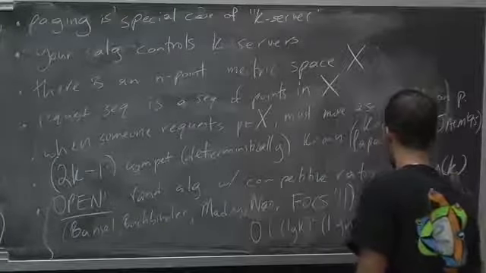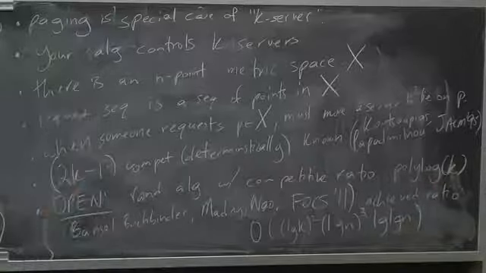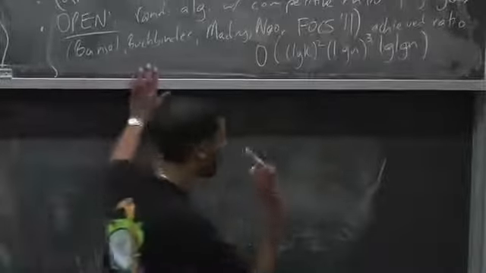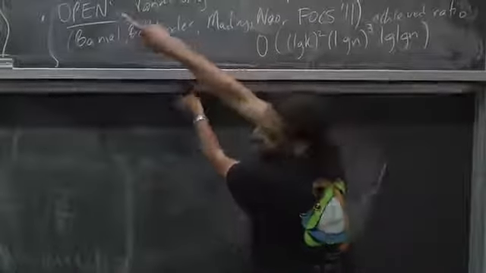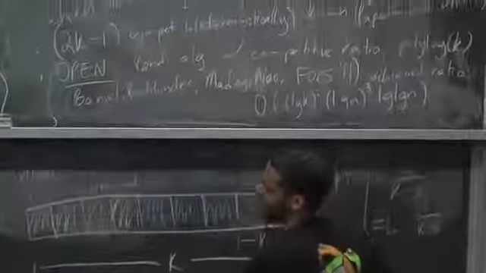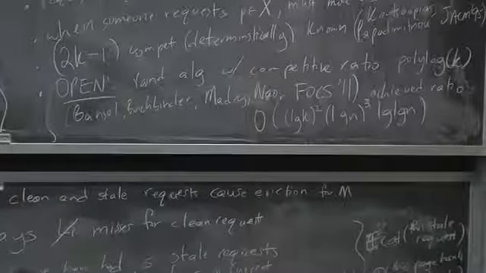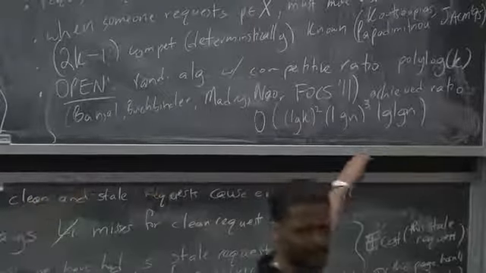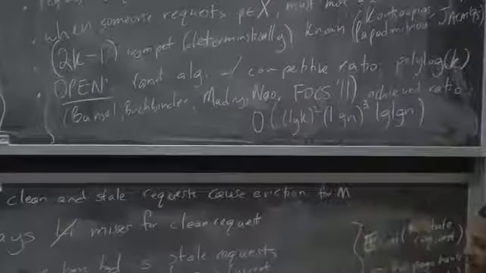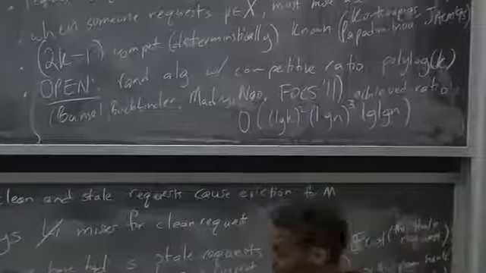So it has a dependence on n, but people believe that there should not be any dependence on n. You should be able to just get polylog k. Of course, you can get a dependence on k independent of n, but there's that k. I think randomized you might be able to beat that, but still it's not anywhere near polylog. And I don't know all the details of this, but I'm fairly sure that it uses the primal dual framework of Buchbinder and Naor, not where I'm about to tell you.